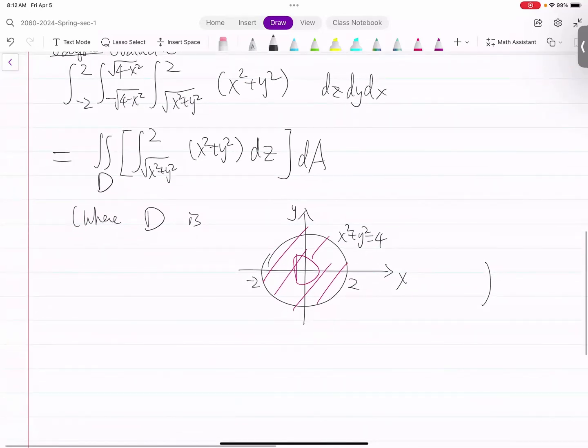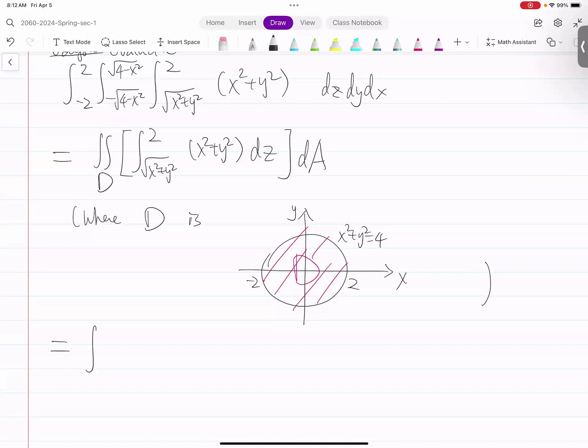For this circle, we have a radius of 2, and the center is the origin. So for polar coordinates, it's really straightforward, right? Theta is one period, so it's between 0 and 2 pi, and r is going to be between 0 and 2. So we can directly translate the region D in terms of r and theta. This is a polar rectangle, so the order doesn't matter that much.